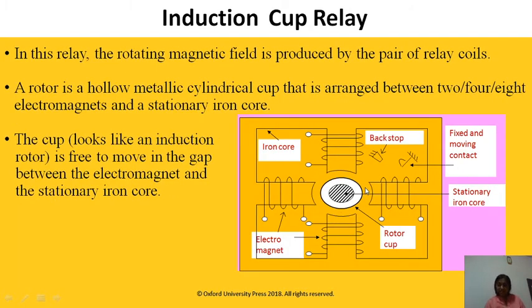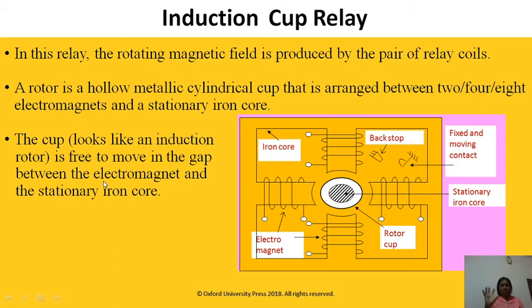Induction cup relay. Here a cup is there, with 1, 2, 3, 4 coils. This rotor is a hollow metallic cylinder arranged between electromagnets and a stationary iron core. The cup looks like an induction rotor and is free to move.